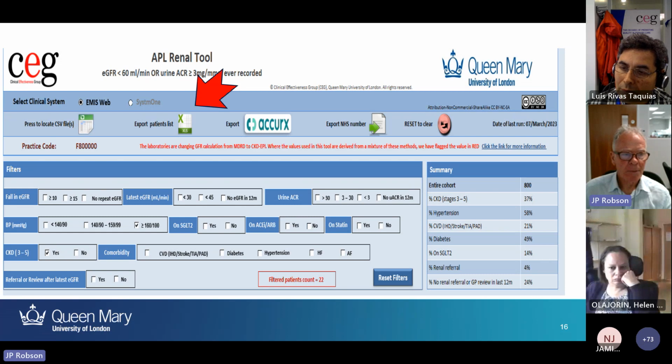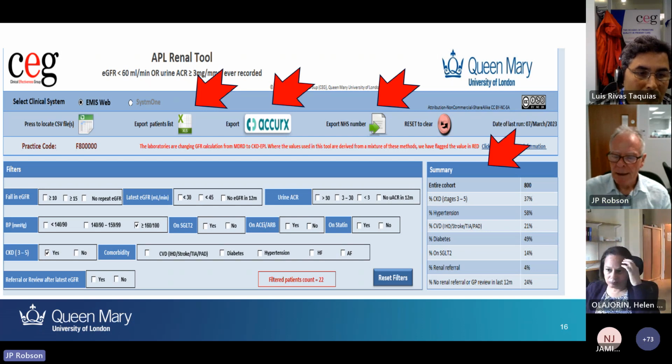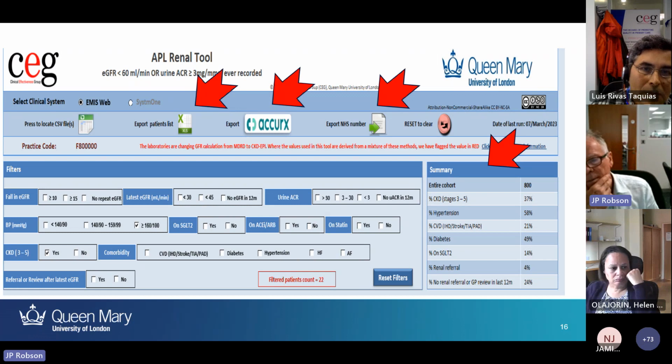It will do either EMIS or System 1, and those are the export features. And then lastly, over on the right-hand side, it will show you a summary of the entire cohort in your practice.